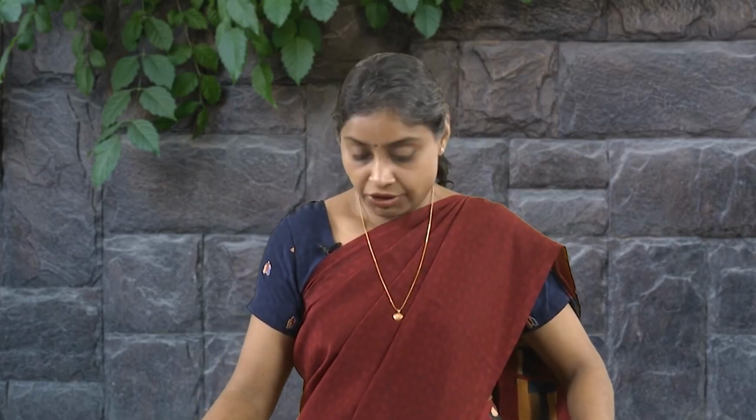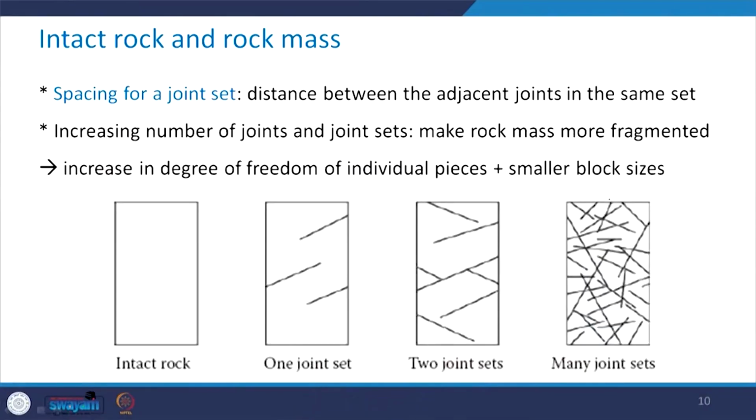How to determine the spacing for a joint set? The distance between adjacent joints in the same set is defined as the spacing. So here you can see four figures. The first one is intact rock, where there is no joint. The second one has only one joint set.